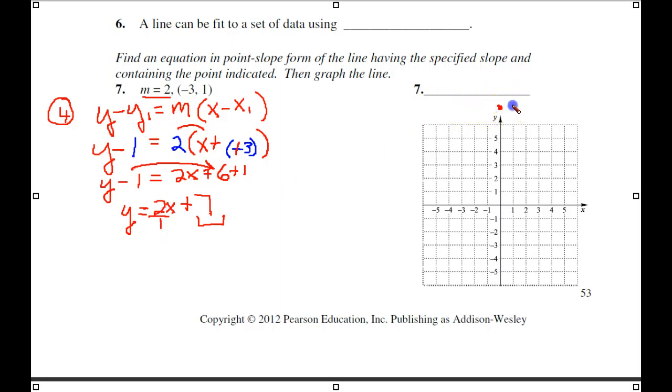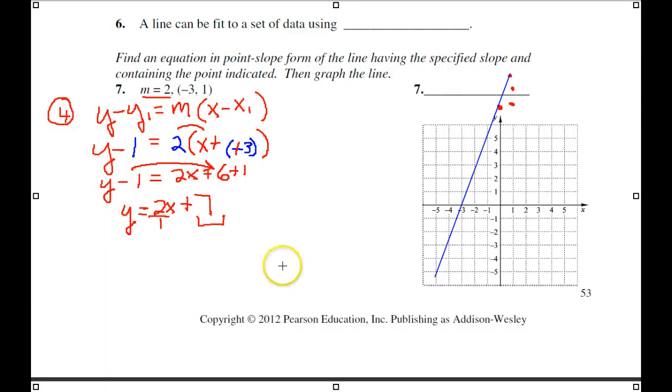So we're going to go over 1, up 2. And this is strange. They gave us a number like that. And we put our line in there. So it'll be something like that.